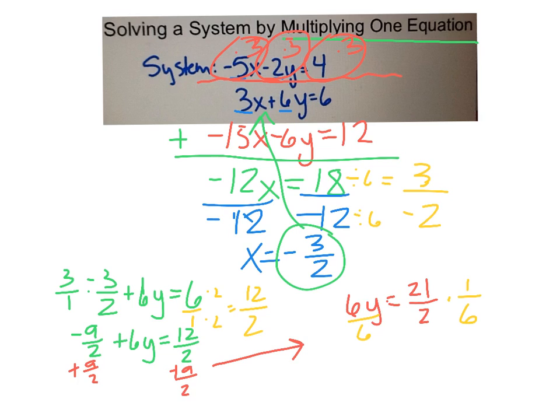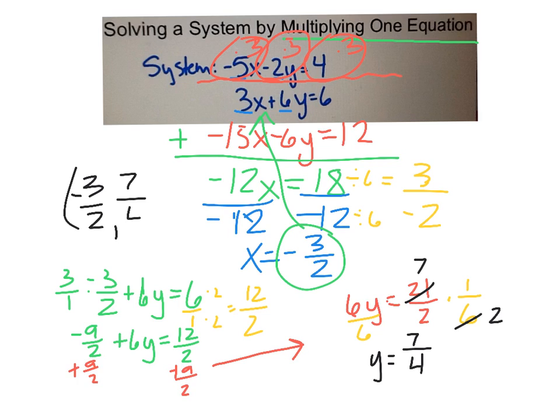So I can simplify it, 21 and the 6. 21 divided by 3 is 7. 6 divided by 3 is 2. So that gives me y equals 7 times 1, which is 7, and 2 times 2, which is 4. So now I have my x value and my y value. So my final answer here is (negative 3/2, 7/4).